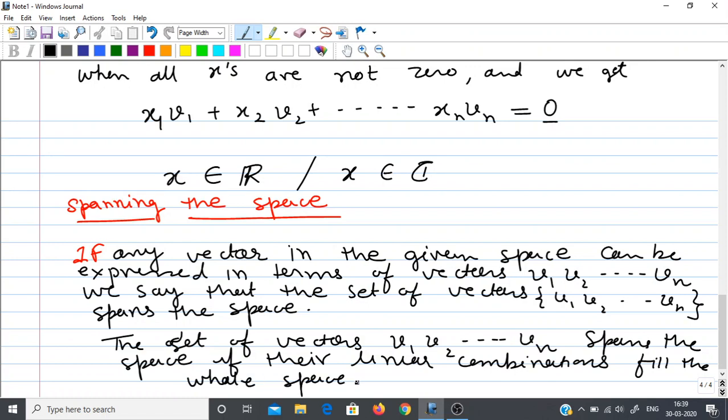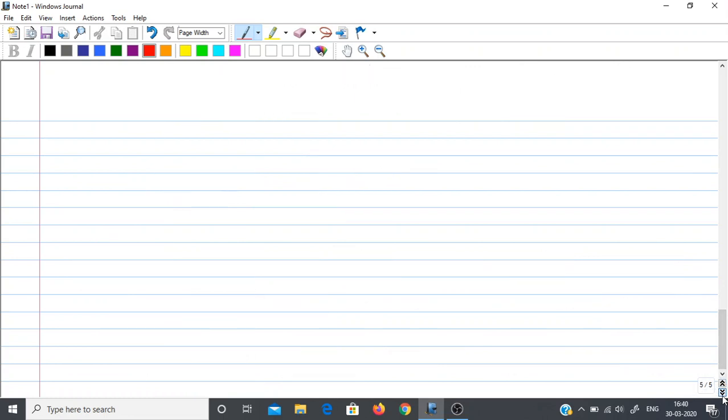Now here a new term has been introduced, linear combination. So first we will look at what is meant by linear combination, and then we will again see the definition of basis in totality.